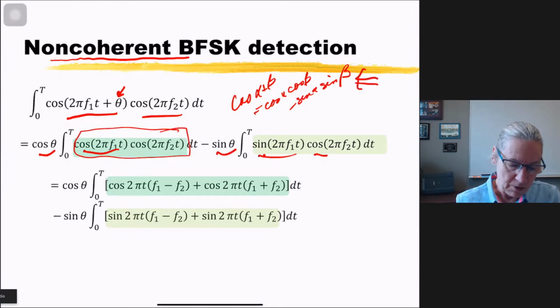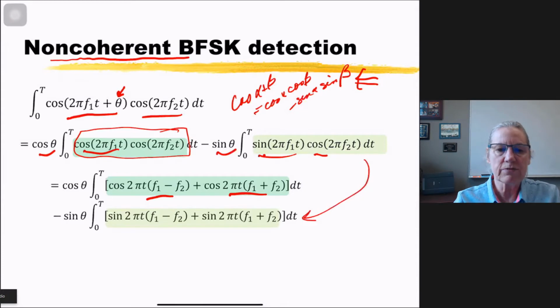Because of that, the product of two cosines can be written as the sum of the sum and difference of the arguments. So you can see here that the cosine times the cosine, I turn into the cosine of the argument of the difference, that would be this one, and the cosine of the argument of the sum of the arguments. So the light green goes to that green, and then of course this term goes here, a relationship for the sine times cosine.